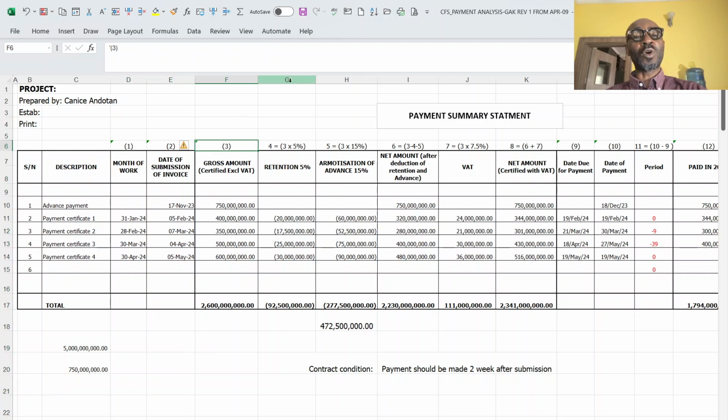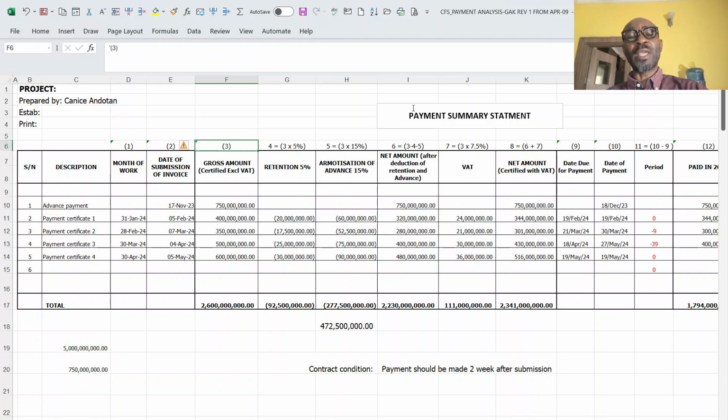Then column G is numbered as 4, but the formula in the cell of 4 is gotten from multiplying column 3 by 5%, which makes up the retention, while column H, which is numbered as 5, for you to get the formula that is in the cell, you multiply the figure in column 3 by 15%.